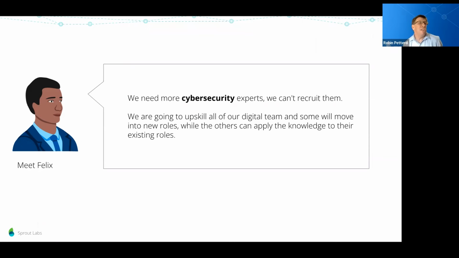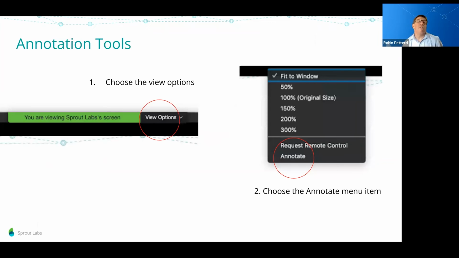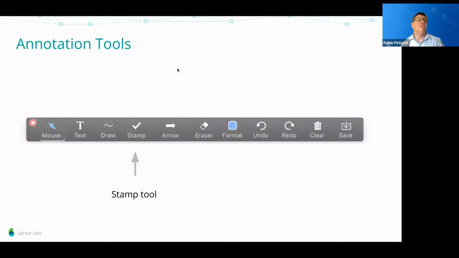We're going to be using the Zoom whiteboard for most of these activities. So if you could go to the view options up the top of the screen, press view and then come down to the annotate menu. I'll just pause for a moment while you do that. Then we're going to use a tool called the stamp tool.